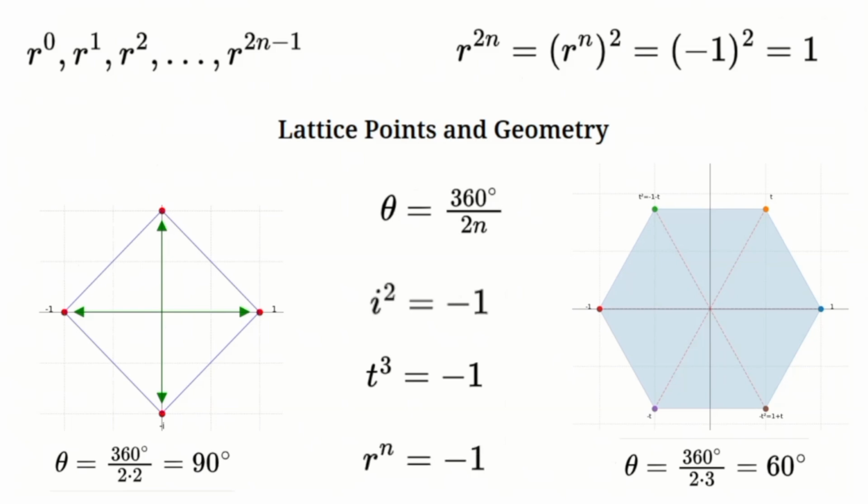We didn't stop there. We generalized this into an infinite family of 2D number systems, using the rule r raised to the power of n equals -1. Each value of n gave us a new type of 2D number system, with its own geometry, its own units, and its own algebra. But the real magic? We constructed all of these systems using lower dimensional numbers as coefficients.